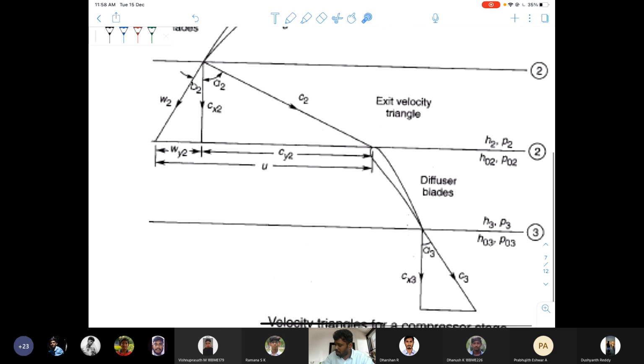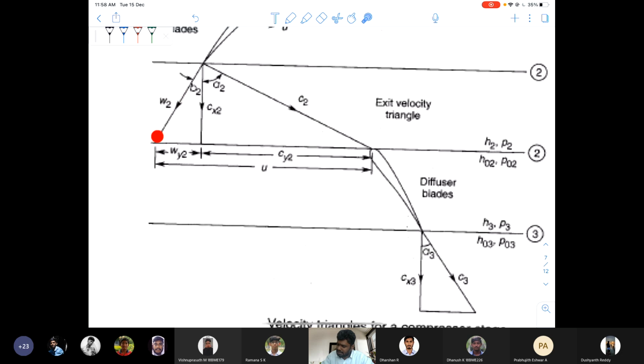In the same way, in the exit velocity triangle, you can take W2 square is equal to Cx2 square plus Wy2 square. You can take this equation for W2 square from this exit velocity triangle.